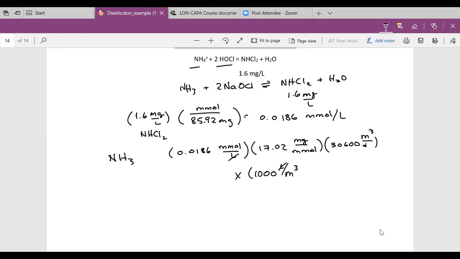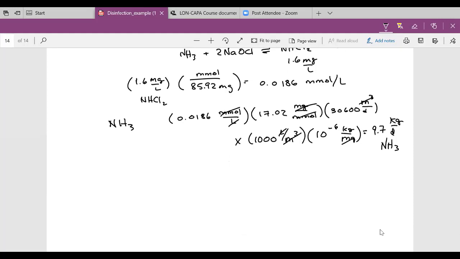So liters cancel, meters cubed cancel, millimoles cancel, and we'll convert to kilograms. So milligrams cancel, and that gives us 9.7 kilograms per day of ammonia. So that's how much ammonia we would need to add.